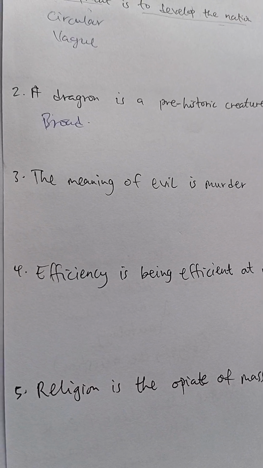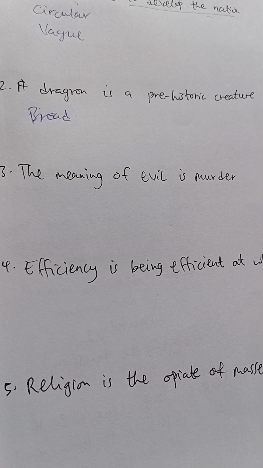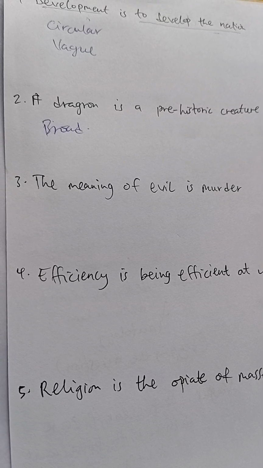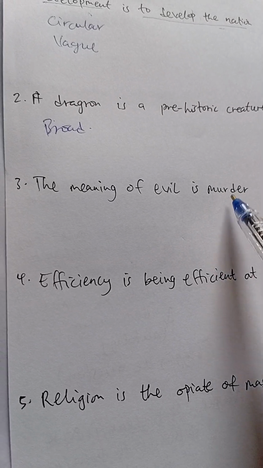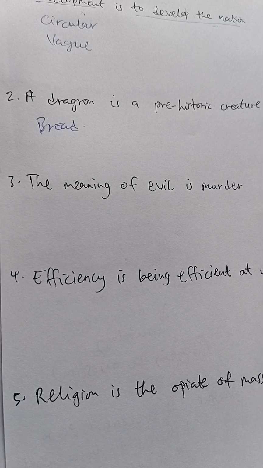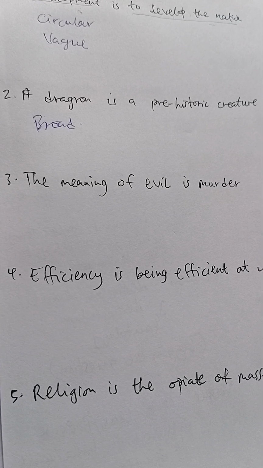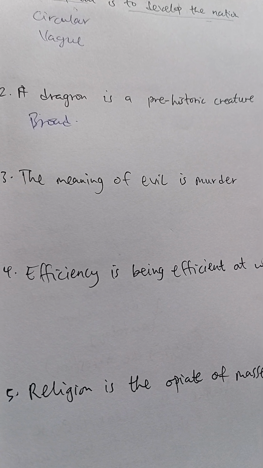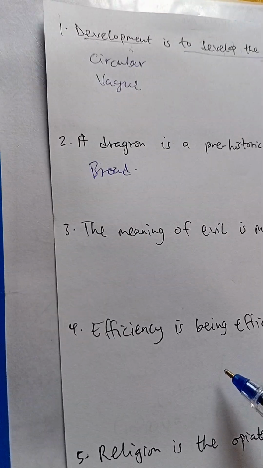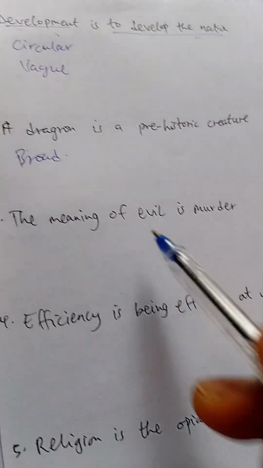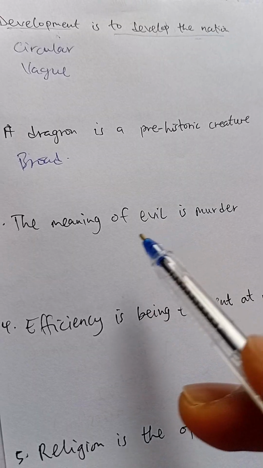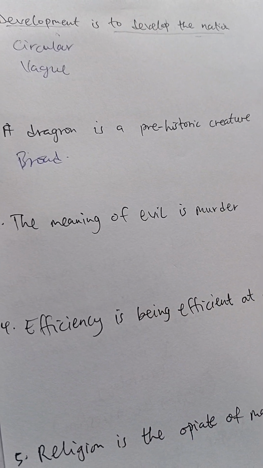Then we look at the third example: the meaning of evil is murder. Is it only murder that can mean evil? I don't think so. So this definition is too narrow because evil includes many things.